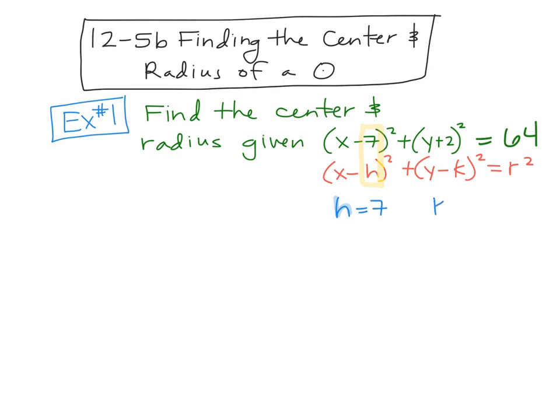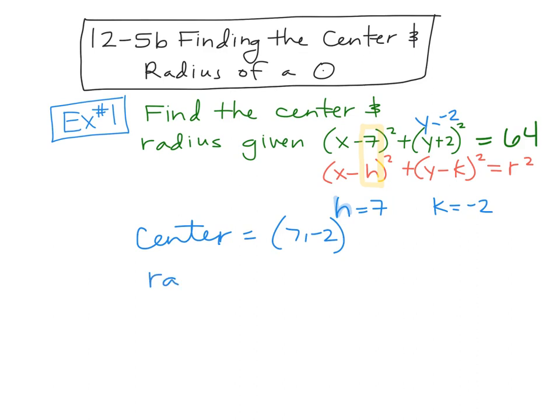What is your k? It'd be -2, because it's y minus a -2, right, is the y minus k. So your k is -2, which means your center is going to be 7, -2.